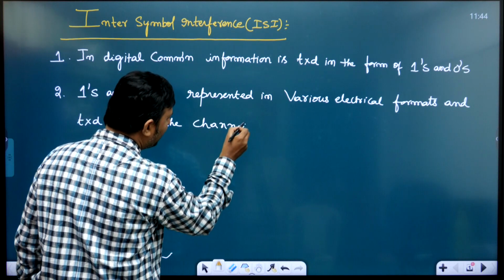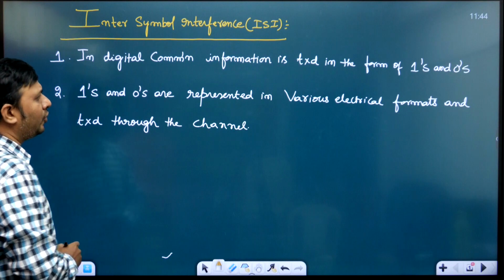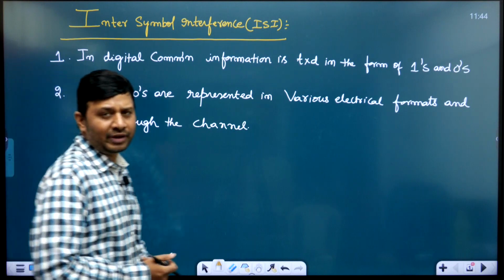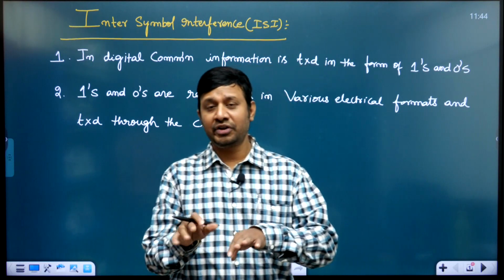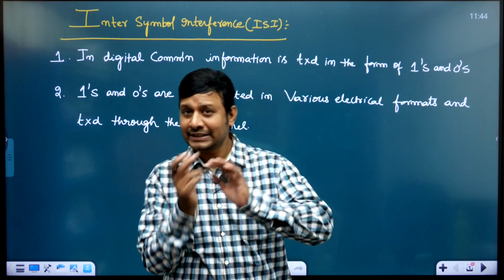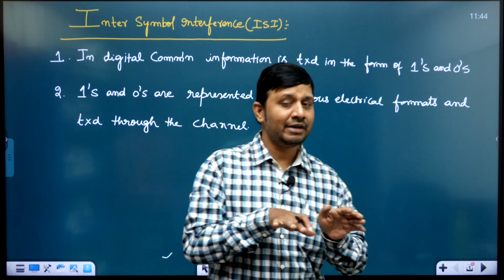Now what are the various electrical formats we are going to have? Different electrical formats we have, like on-off signaling, non-return to zero, return to zero, differential encoding, Manchester encoding, alternate mark inversion.